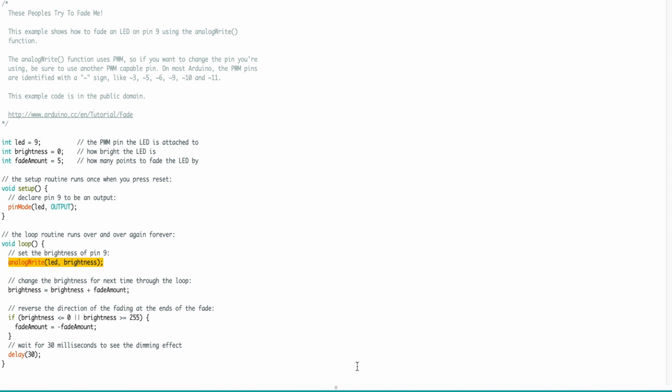Well, because that's the largest 8-bit number that you can express as a decimal. The analogWrite command consists of two parts. The pin number, which is the Arduino pin to write to, in this case it's 9 as we defined in the setup, and the value of the duty cycle between 0 and 255, as we also defined earlier.